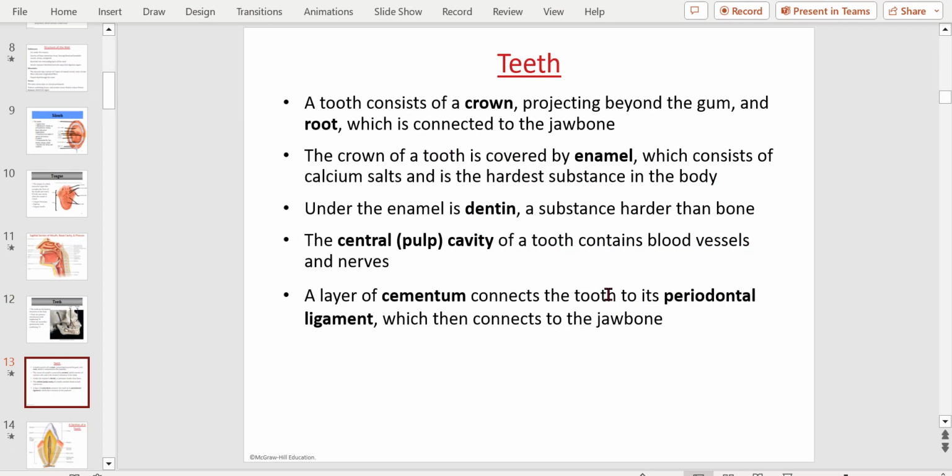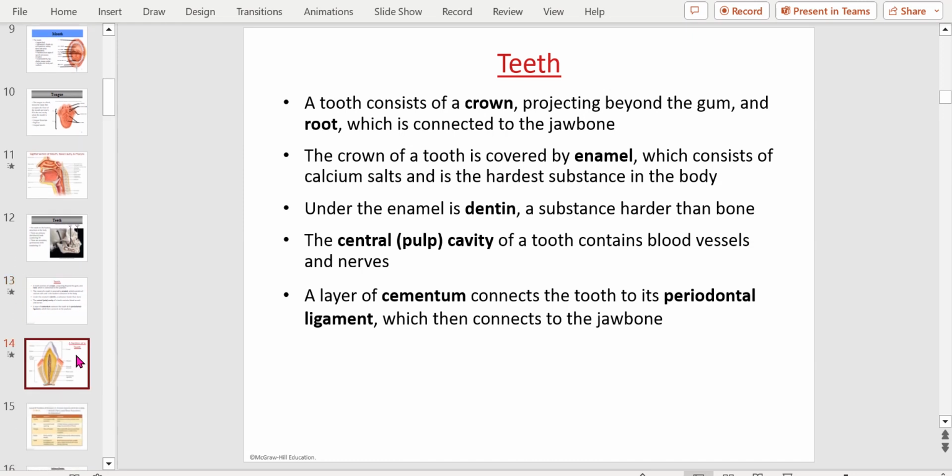The crown of a tooth is covered by enamel, which consists of calcium and is the hardest substance in the body. Under the enamel is dentine, a substance even harder than bone. The central pulp cavity of a tooth contains blood vessels and nerves. Absolutely, teeth are alive. A layer of cementum connects the tooth to its periodontal ligament, which then connects it to the jaw bone.